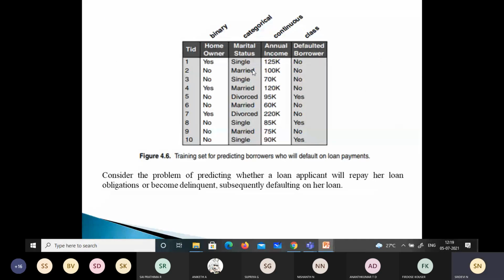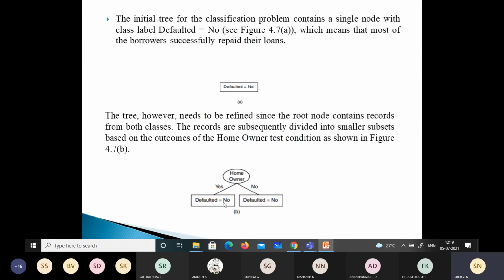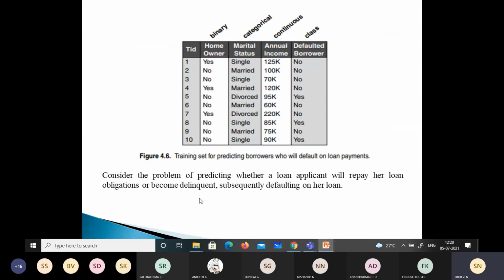Here we have three records, records 1, 4 and 7, which belong to this case. So we have 3 records here and the remaining 7 records under this category. Right? Getting it?